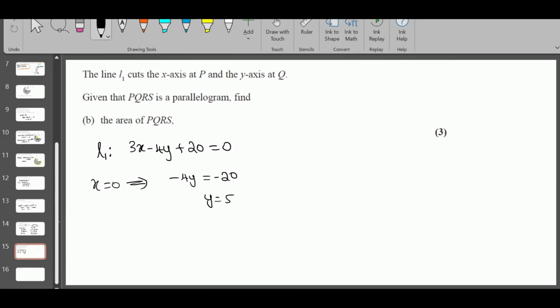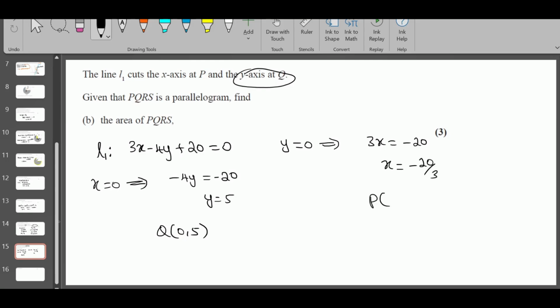It cuts the y-axis, that's why we put x is 0. So Q is (0, 5). When you put y is equal to 0, 3x is equal to minus 20. x is minus 20 over 3. That's the point P.